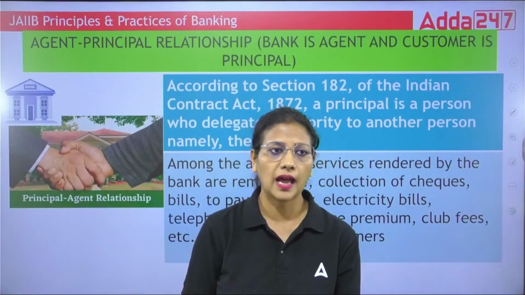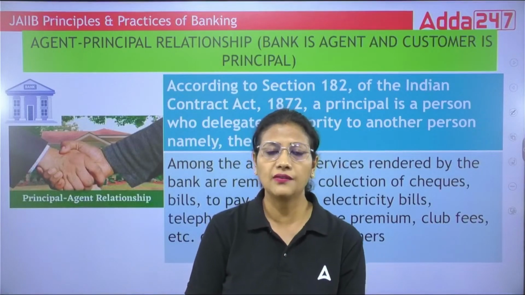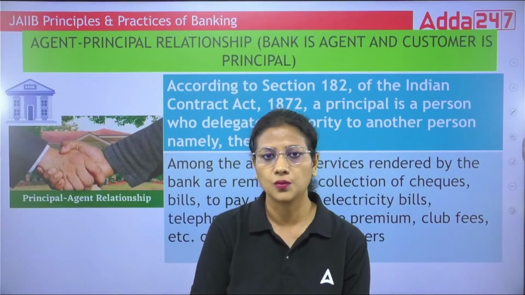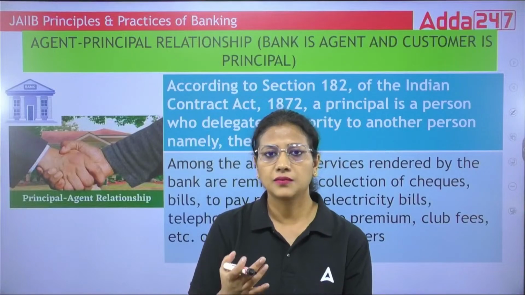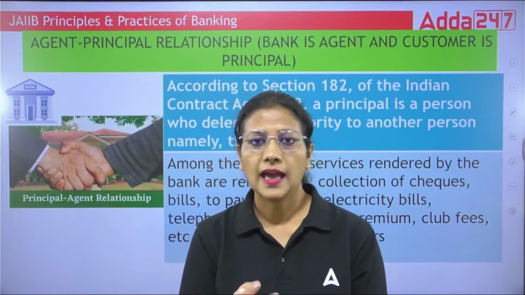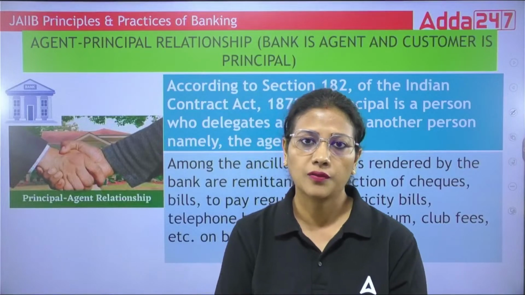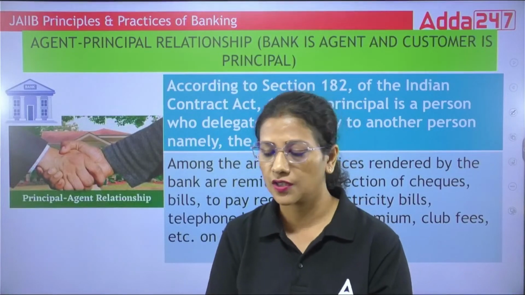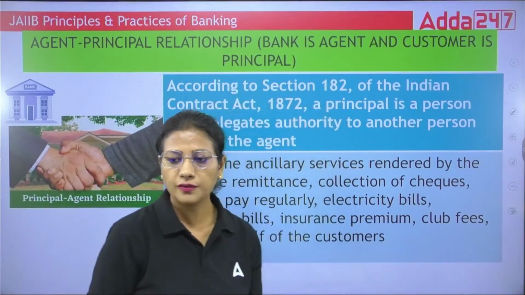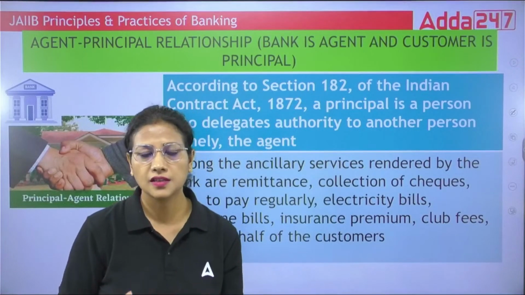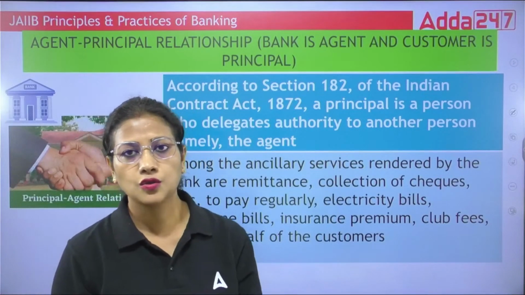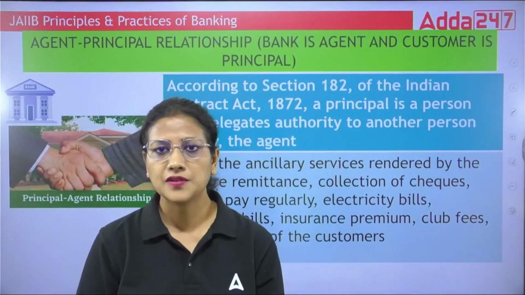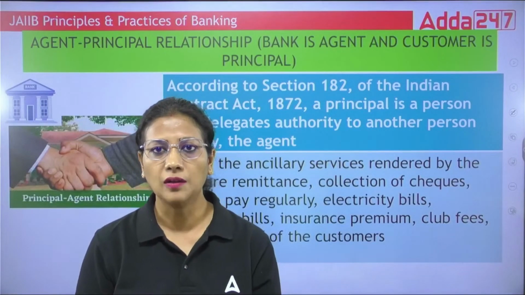So you will hire an agent and he will look after the company on your behalf. So in that case, you become the principal and the one who takes care of the business is known as the agent. Similarly, in case of some of the services which the bank provides to the customer, the bank becomes the agent and the customer is the principal.